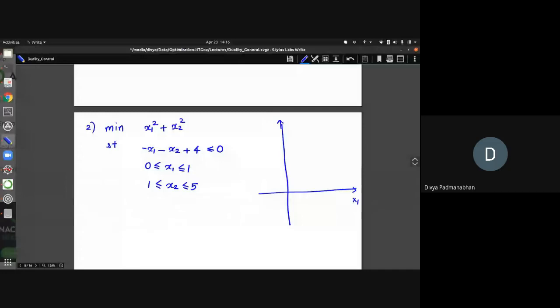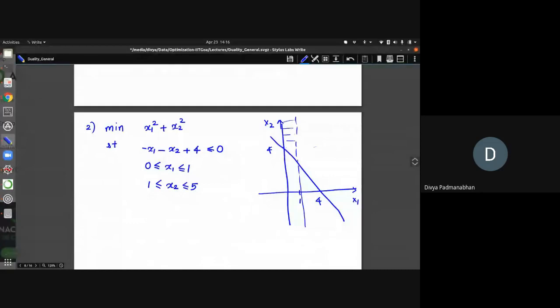In terms of the feasible region, you have x1 and x2, and the plane minus x1 minus x2 plus 4 is still the same. You have this region, this is 4 and this is 4, so basically everything on this side. Additionally, you have x1 between 0 and 1, so this part is what is feasible as far as x1 is concerned.